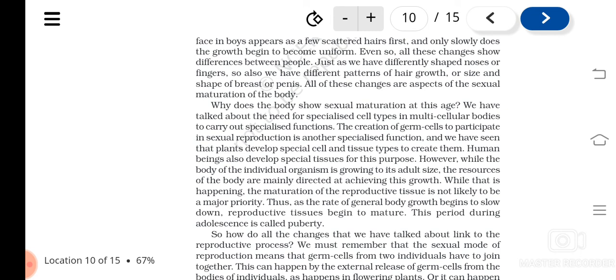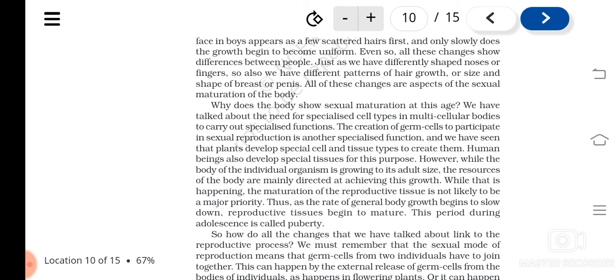In plants, when they complete their vegetative phase they produce flowers. Like this, a human being also develops special tissues for the purpose of developing germ cells, or gametic cells.